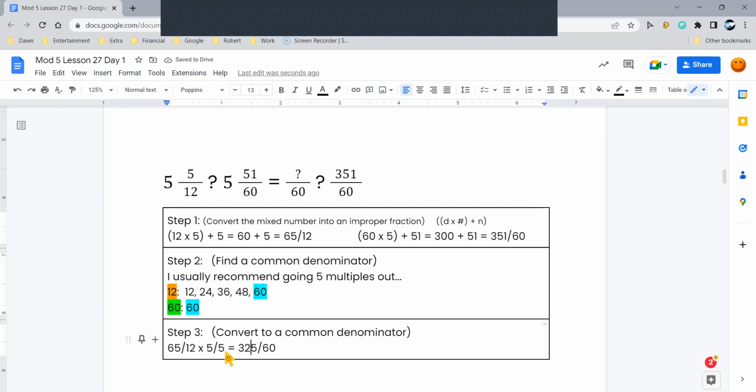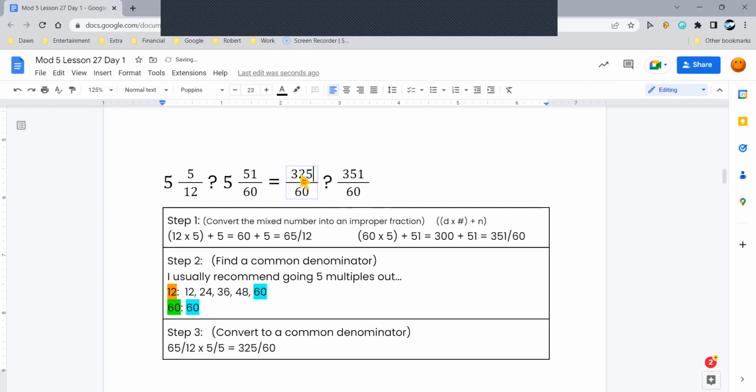So it looks like this one's 325 over 60. So right here, I'm going to write 325. And I see that 351 is bigger than 325, which means 5 and 51/60 is bigger than 5 and 5/12.